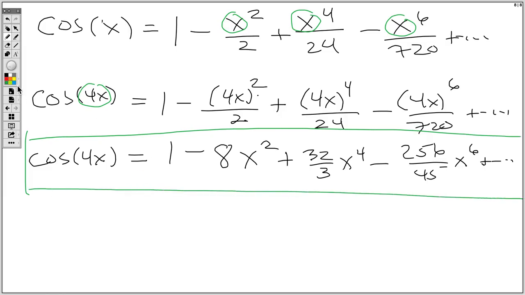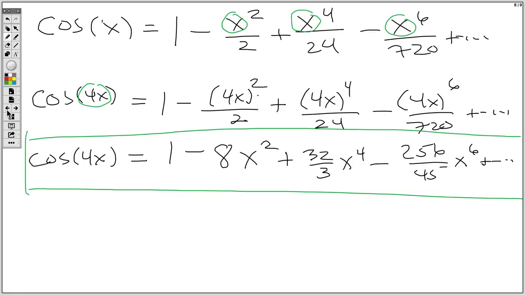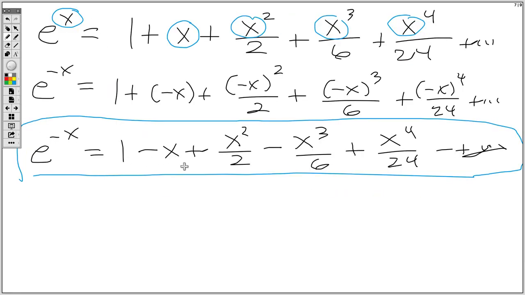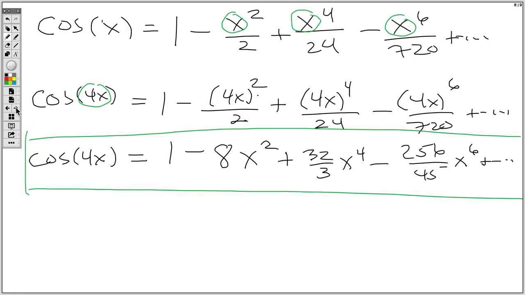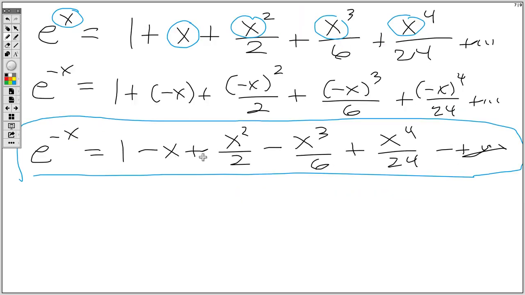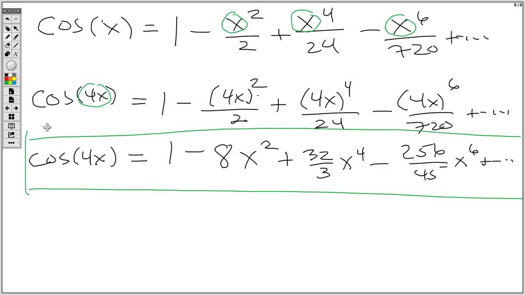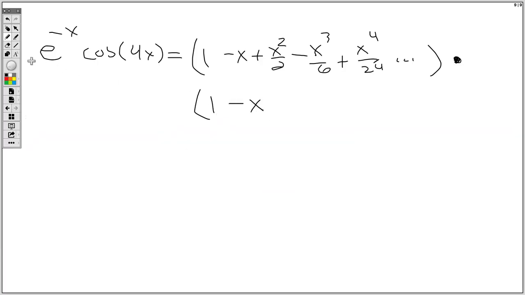So if I want to get a series for e to the negative x times the cosine of 4x, I need to multiply 1 minus x plus x squared over 2 minus x cubed over 6 plus x to the 4th over 24 times the series for cosine of 4x.